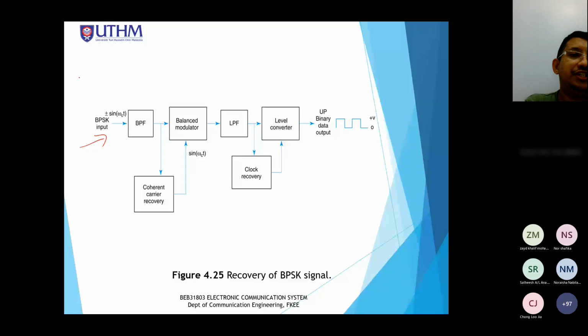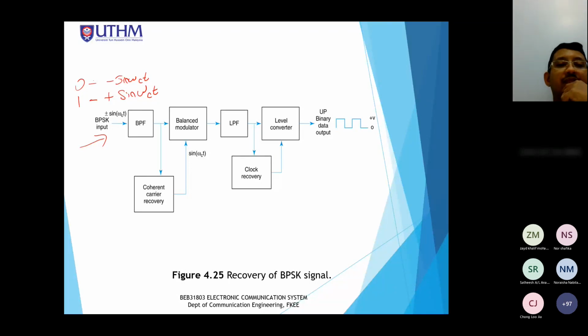If it is logic 0, we're going to receive negative sine omega ct. If the bit transmitted is logic 1, we're going to receive positive sine omega ct at the receiver side.